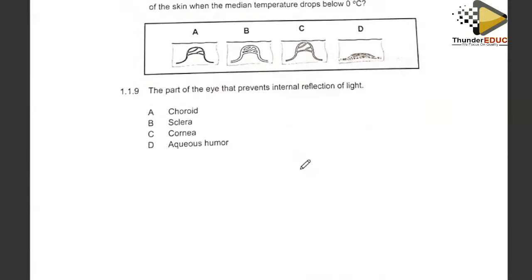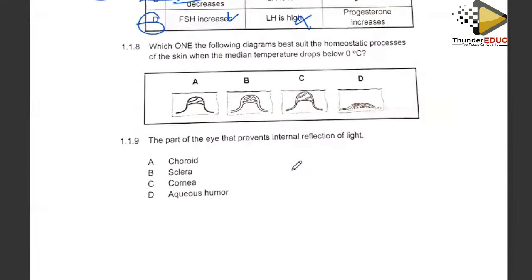All right, so we go to the next question, 1.1.8. Which of the following diagrams best suits the homeostatic process of the skin when the medium temperature drops to 0? So you are starting from medium temperature, then going to 0, meaning that you are going to a cold day.